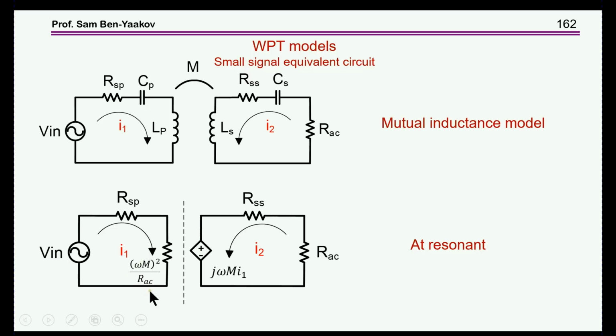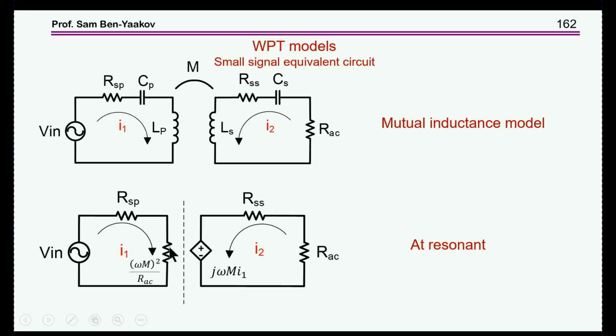Notice that we have these parameters, which mean that this is our AC, and here we have omega, the switching frequency, and the mutual inductance. Now, in order to get high power, you want this resistor to be as small as you can, because this is the excitation you have.